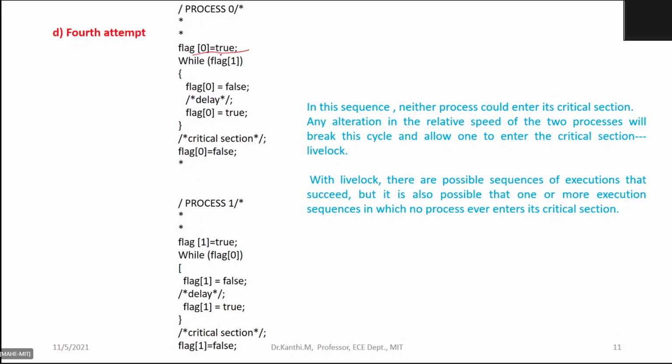You start with flag 0 true, but in the while loop, if this is true, then it will continue, and you make flag 0 false and flag 0 true, and then you go to the critical section, and once you are done with the critical section, you release it and make it false.